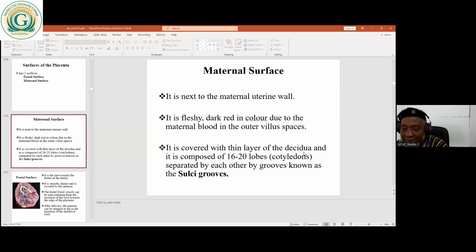It's covered with a thin layer of decidua. Don't forget, decidua is the changed endometrium, and it is composed of 16 to 20 lobes.